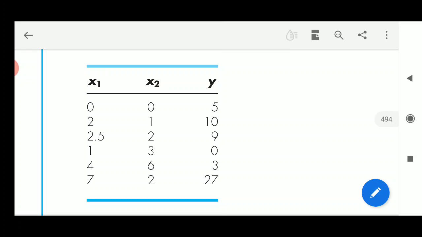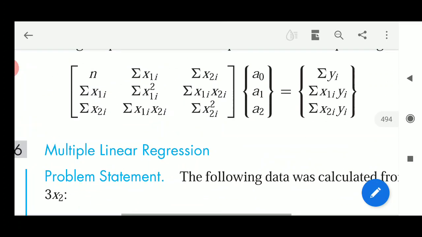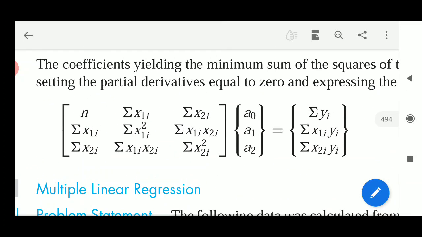It is very simple. Just now we have seen the equations for two variables, right? And these equations are written in the matrix form here. So here we need to find all these values. n is the number of data points. Then summation x1i, that means I have to add all the x1 values together.